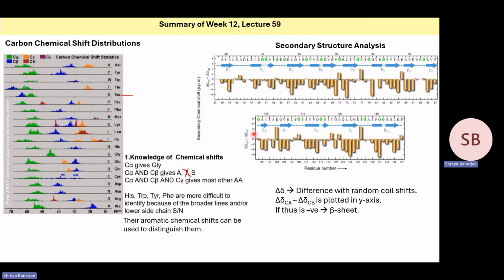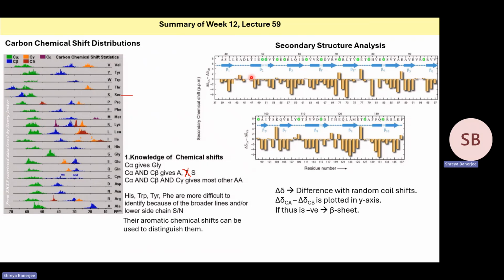If this value is negative, that indicates there is a beta sheet secondary structure. You can see in this amino acid shown here from residues 37 to around 137, there are many regions where this delta delta C alpha minus delta delta C beta is negative. All these regions are beta sheets. You can see shown by these arrows.